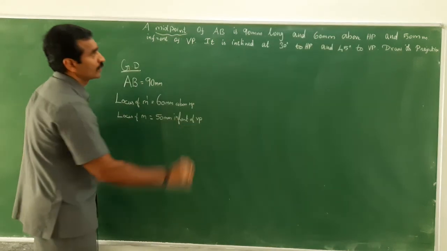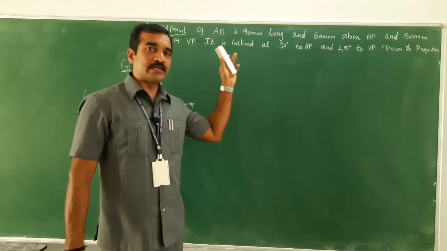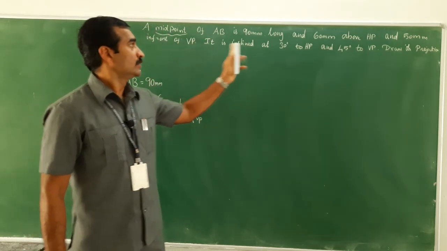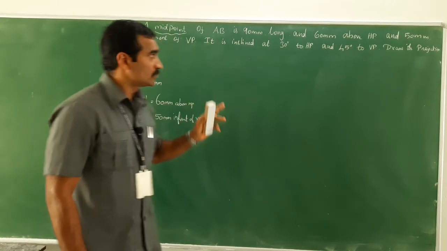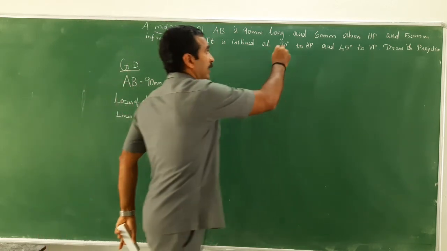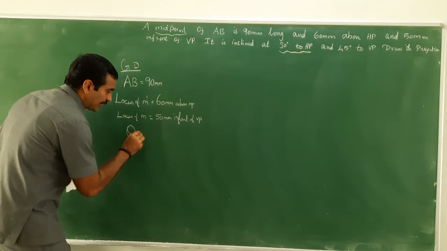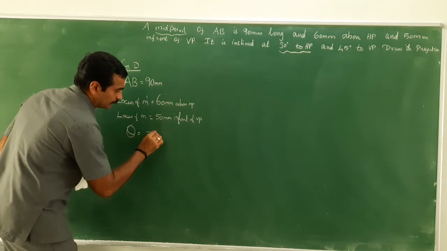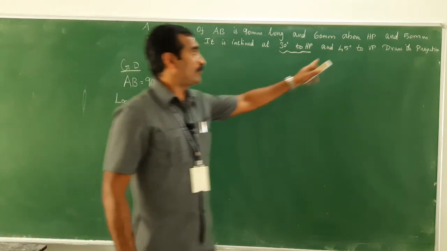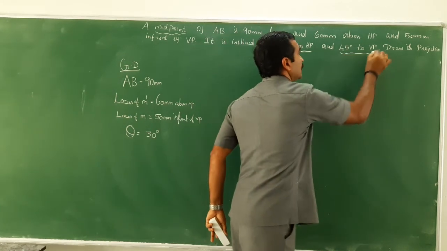It is inclined. What is inclined? The line is inclined at 30 degree to HP. So it is inclined to HP. Therefore, the notation is theta. Theta is equal to 30 degree. And 45 degree to VP.